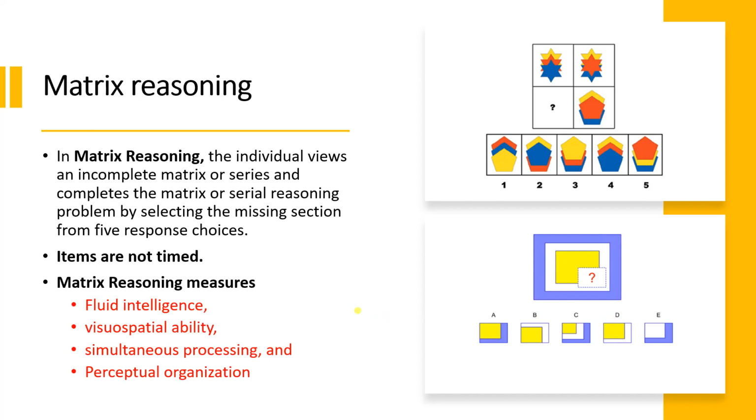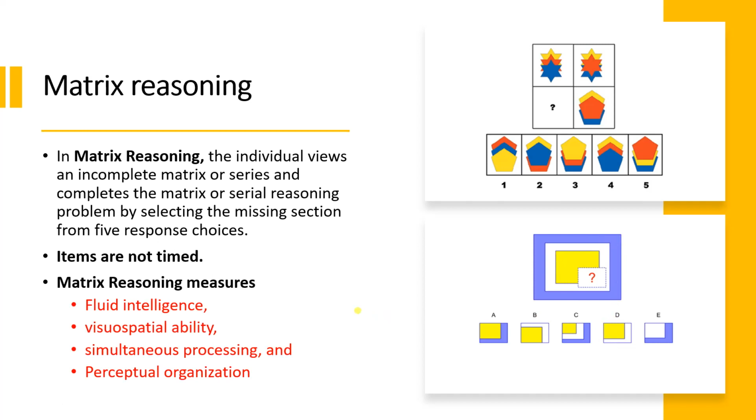visuospatial ability, as it is clear from the examples itself, the ability to process information simultaneously, and most of the visuospatial configuration processing requires this ability, simultaneous processing rather than sequential processing, and ability for perceptual organization.